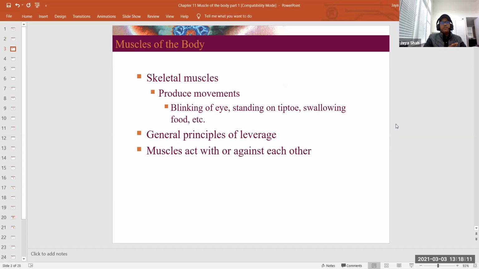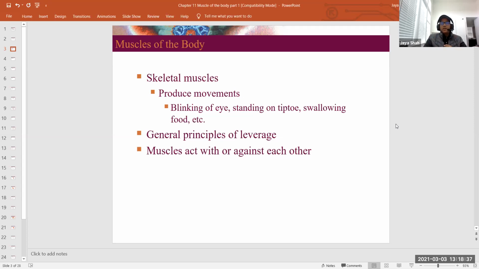Muscles of the body: skeletal muscles produce movement. We did this at the beginning, like blinking of eyes, standing on tiptoes, swallowing food, dancing, jogging. All these are functions of your skeletal muscles. It works based on the principles of leverage. There are three kinds of leverage: first degree, second degree, third degree, and they have a fulcrum.